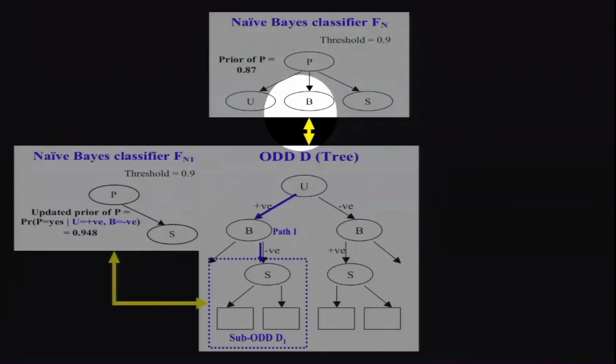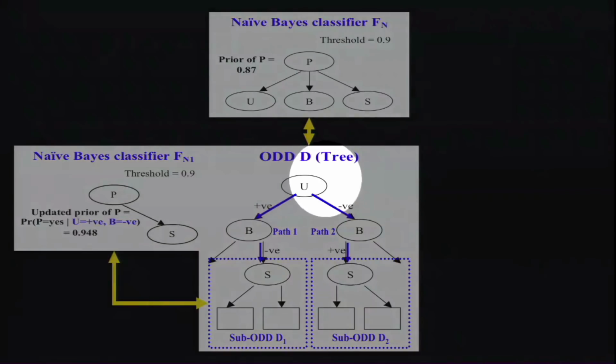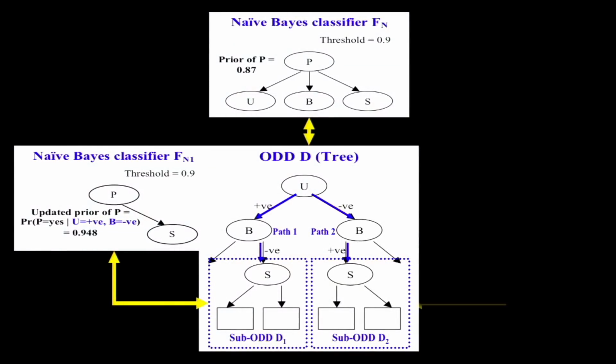Remove these guys. What did you really have now? You just have a smaller naive Bayes classifier that has only one feature and has a new prior. You guys see that? What happens when I go down the other path? I'm here. I did negative, positive, different instantiation. Right? What happened? Same story.